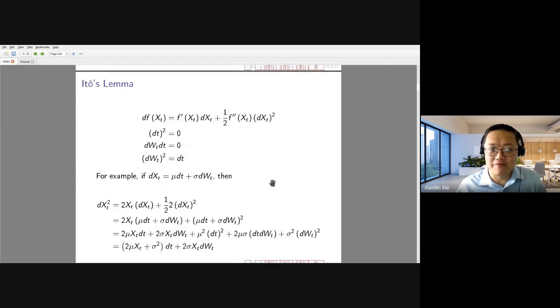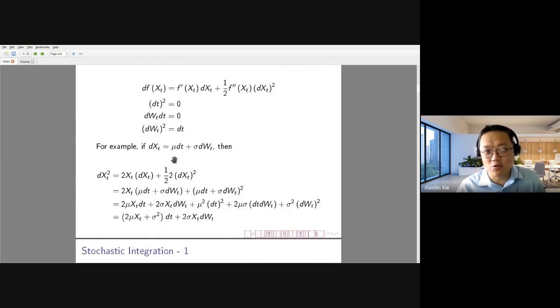So for example, if we don't have the stock price itself on the right-hand side of the equation, and we simplify it to this form, then it's quite straightforward to calculate the differential of X_t squared. In this case, we apply Ito's lemma here, and then after a bit of algebra, we will arrive at this expression.